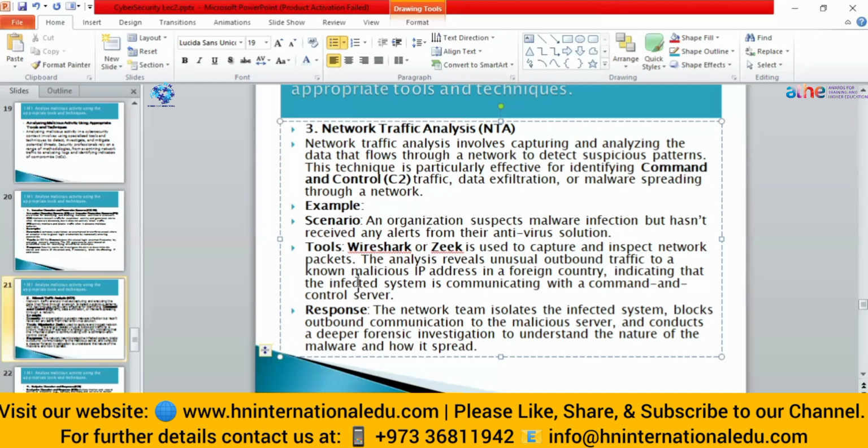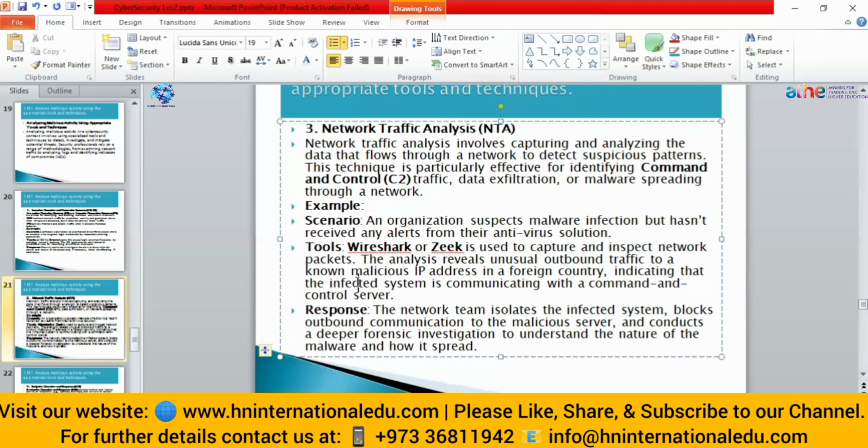Now the network team may isolate the affected system, means they will bound or limit that system. The access or resources of that system will be limited to some extent. They will block all the outbound communication to that server. They conduct a deeper forensic investigation to understand the nature of the malware and how it is spreading to all my organization's systems, and how I am going to stop that.